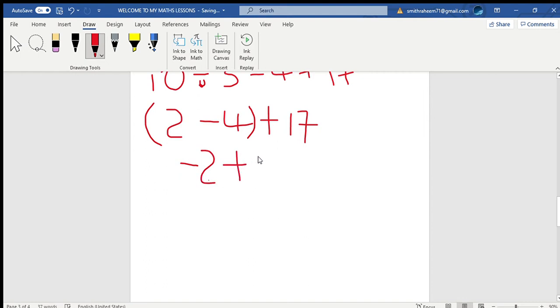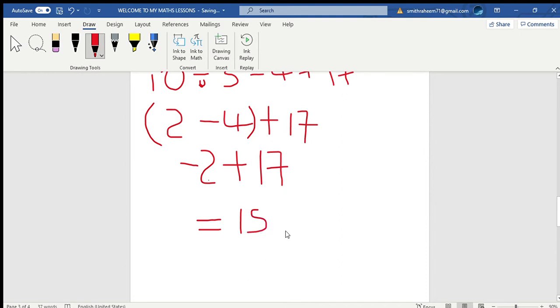As I stated before, if you're not sure how I got the negative 2, you could watch my directed numbers lessons. You could also put it in your calculator: 2 minus 4, the calculator will give you negative 2. So negative 2 plus 17, your answer is 15.